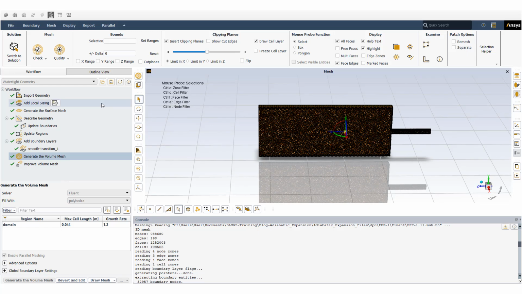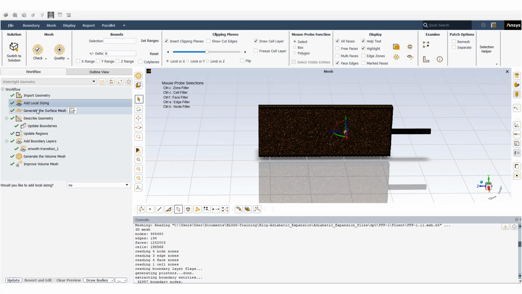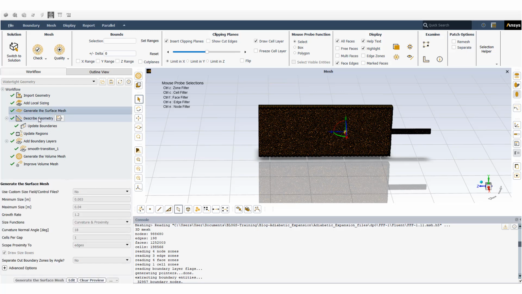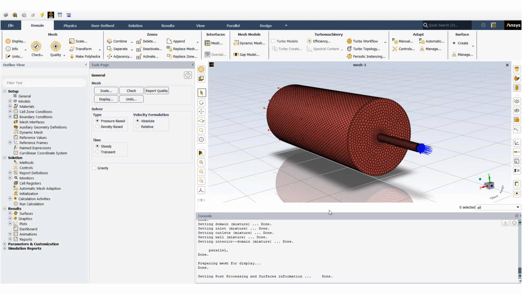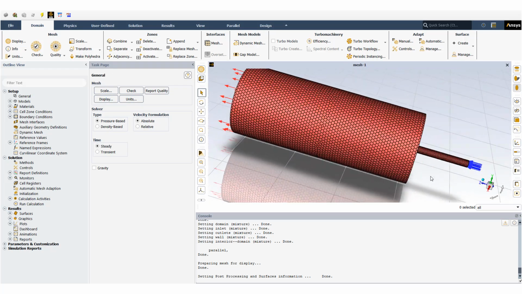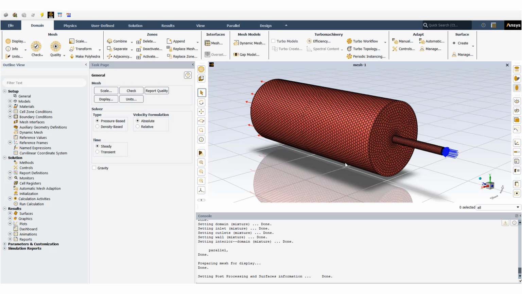There is no local sizing, and after that I follow the same setup as for the other geometry. Let's go to Fluent. This is the mesh that we have, as you can see, inlet, outlet, and the walls.